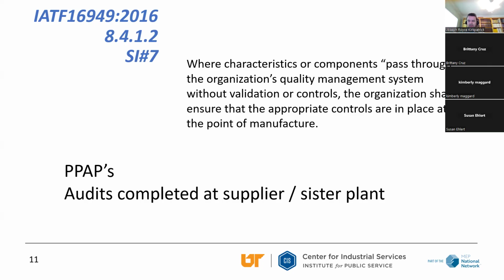How might we do that? How might companies today, or your companies, if you have any pass-through components, ensure that the controls are in place at the point of manufacture?